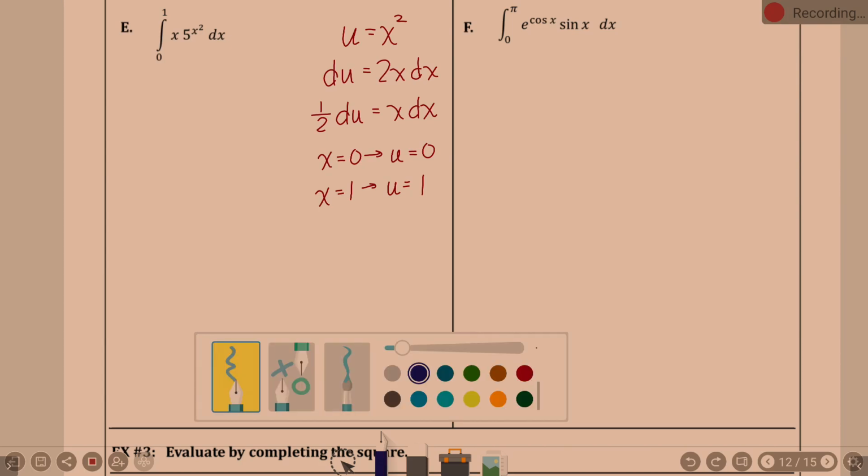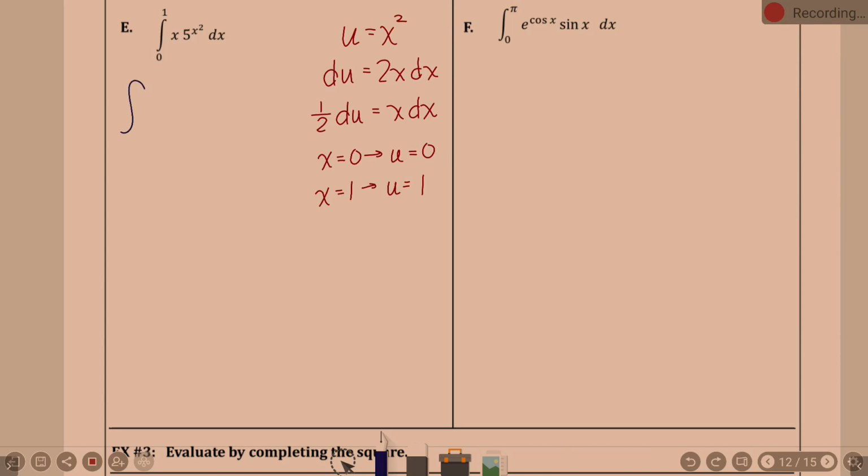So the integral from 0 to 1 of 5 to the power of x squared is now 5 to the power of u, and x dx is 1/2 du. Okay, 1/2 times the integral of 5 to the power of u.